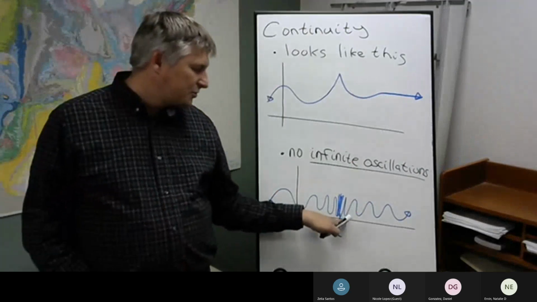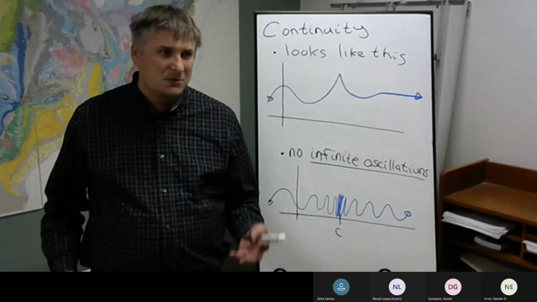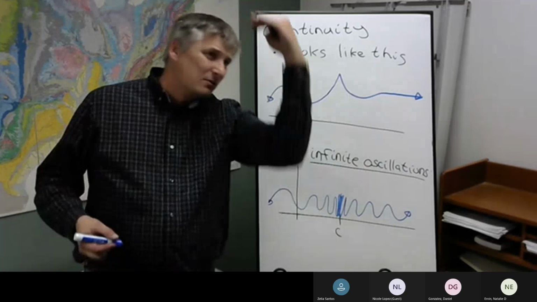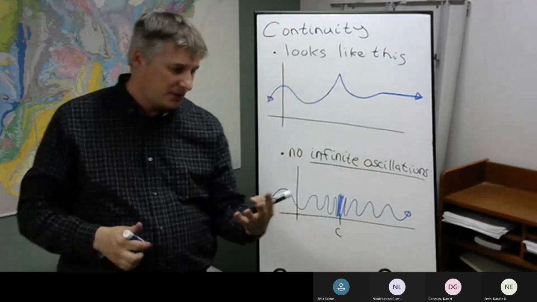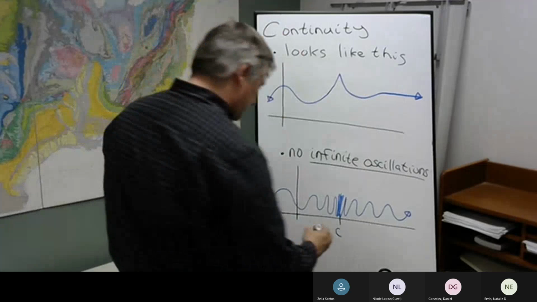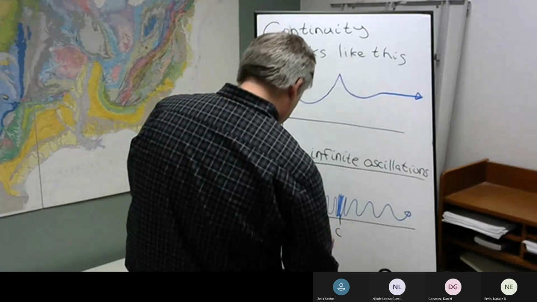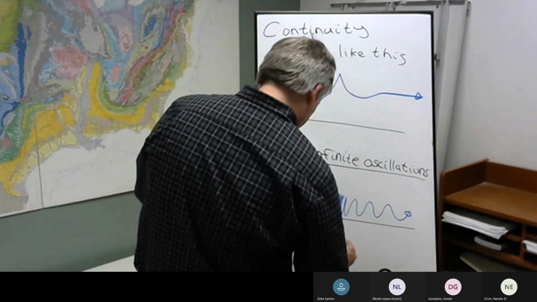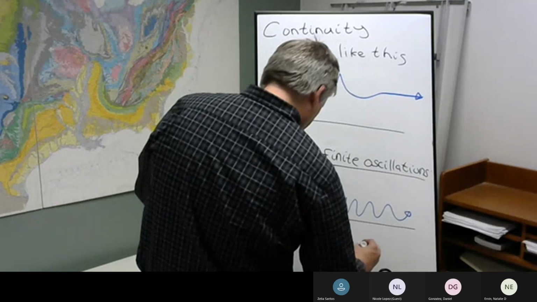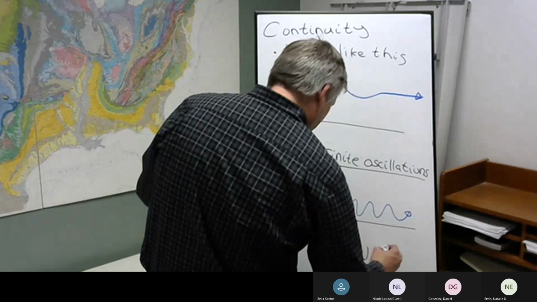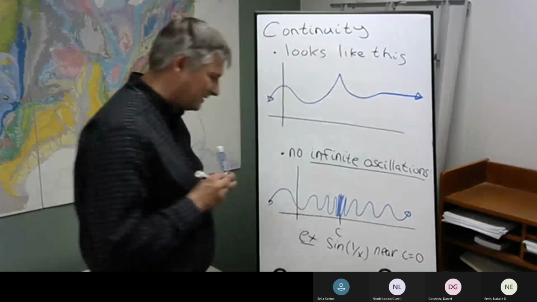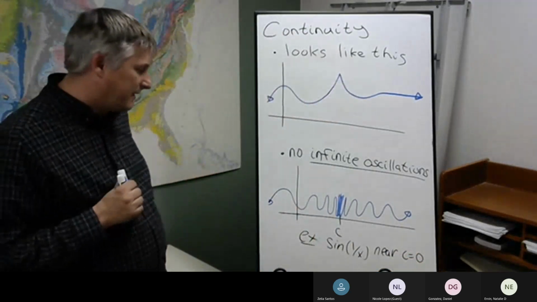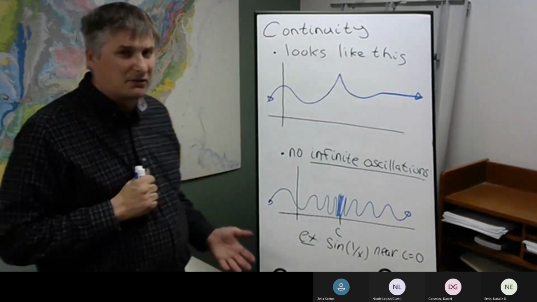It oscillates so much around c, you can't actually figure out which f value this function's approaching as you get close to c. A good example is sine of 1 over x near c equals 0. Kind of a classic example of that. Something to be careful of.